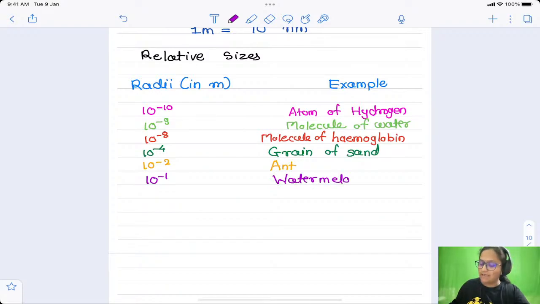Okay, so do you understand? The size of an atom is very, very small. This is the size of an atom, and this is the size of a watermelon. It is very small as compared to the size of other particles, right?